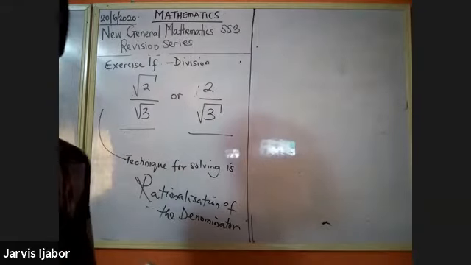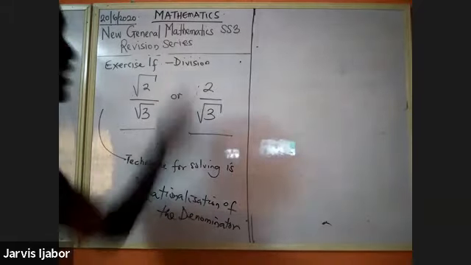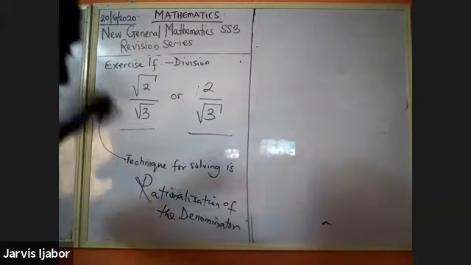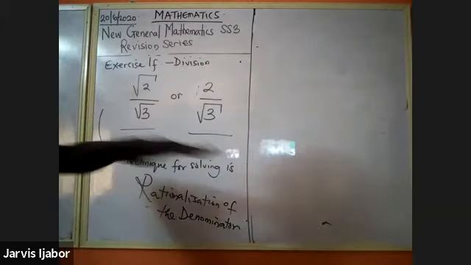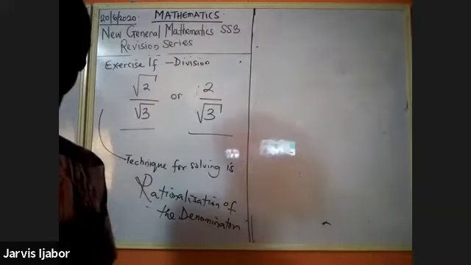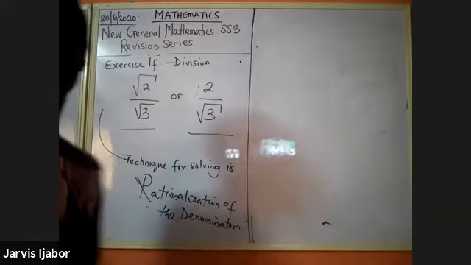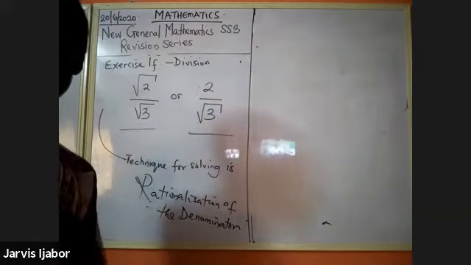So anytime you're talking about division in surd, the division they're talking about is that there is a surd on the denominator. How do you take care of it? That's what essentially division in surd is talking about.